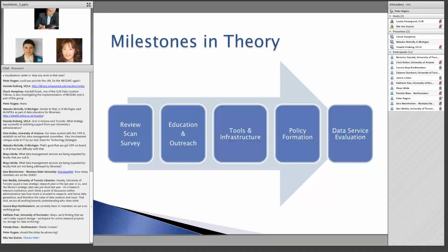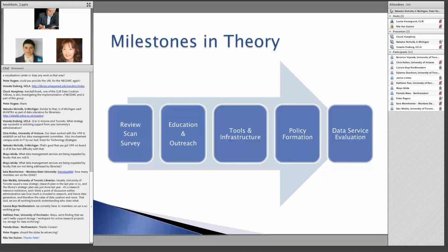The last component is data services evaluation. One example from Michigan is that we have conducted an engineering data support pilot designed for engineering faculty, helping them write a data management plan, after which we propose evaluation as a next step to measure our success, and then use pilot results to guide the development of other new services, particularly consultation services and infrastructure to extend the library's support for the creation, analysis, storage, preservation, and sharing of research data in sciences, social sciences, and humanities.